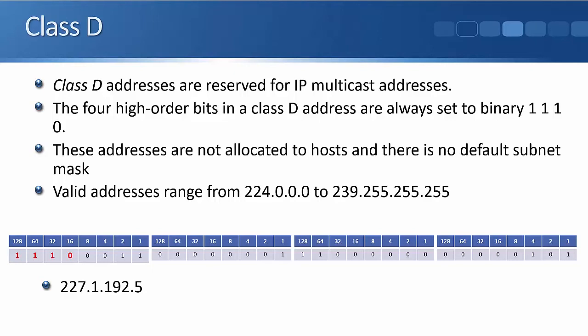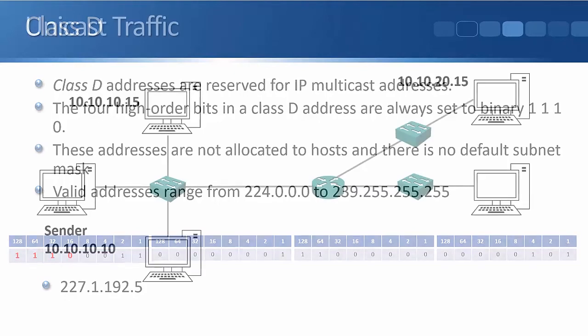And then the remaining bits over to the right are 8, 4, 2, and 1. If we add those up, it adds up to 15. And 224 plus 15 adds up to 239. So that's where we get the range of 224 to 239 from. These Class D addresses were not allocated to hosts, and there's no default subnet mask. They're used just for multicast traffic.